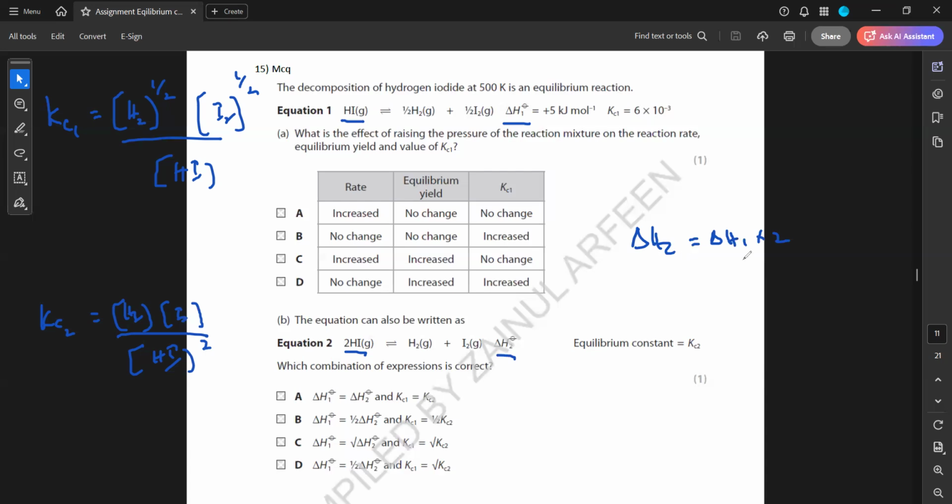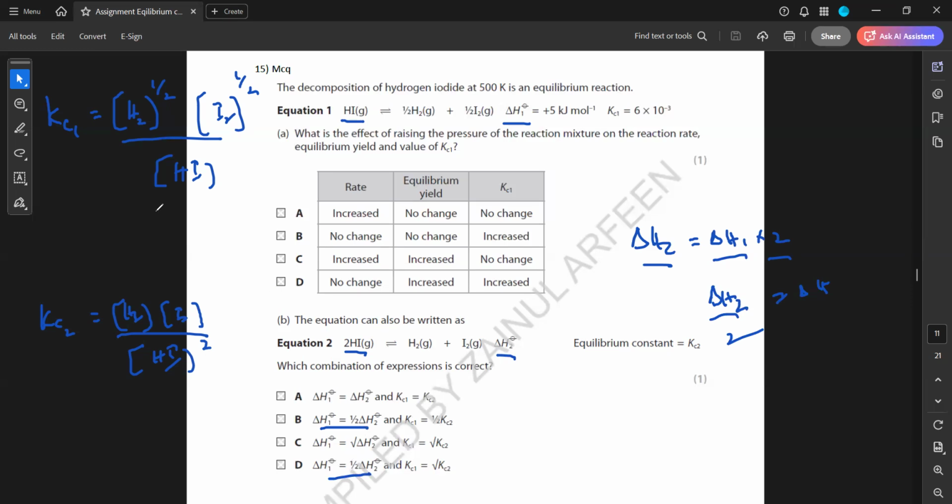So the enthalpy change delta H2 is twice delta H1, because delta H2 has 2 moles and this has 1 mole. Or I can say delta H2 divided by 2 will be equal to delta H1. So either B or D can be an answer.